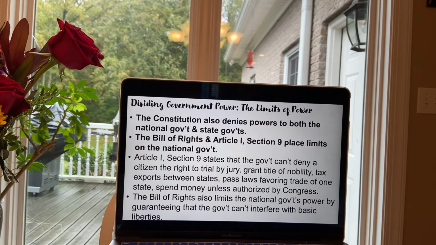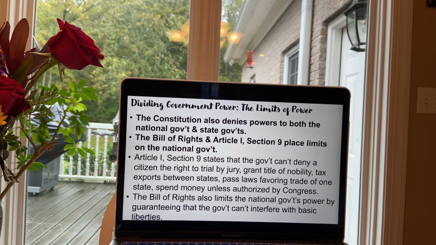While we've been talking about powers, the Constitution also denies powers to the state and national governments. The Bill of Rights and Article 1, Section 9 place limits on the government. Article 1, Section 9 states that the government cannot deny a citizen the right to trial by jury.